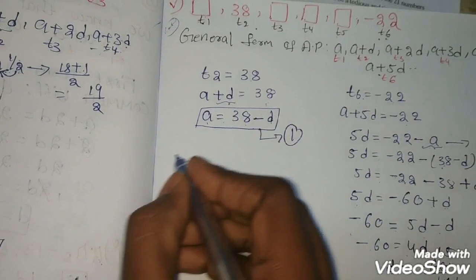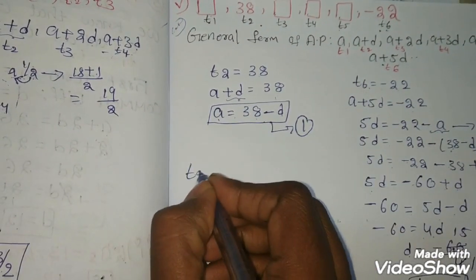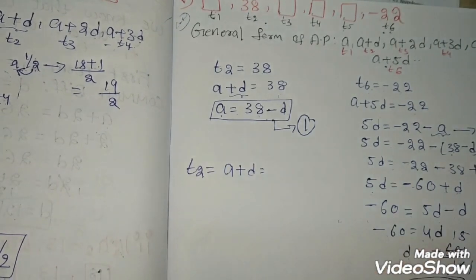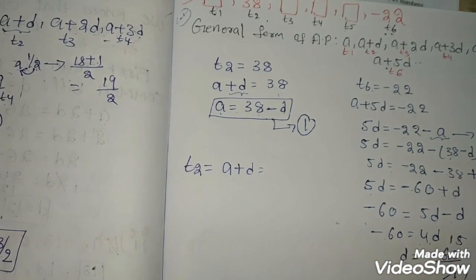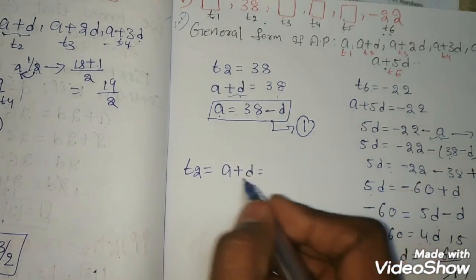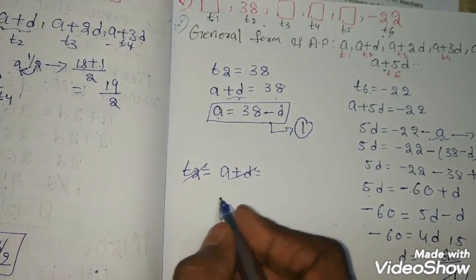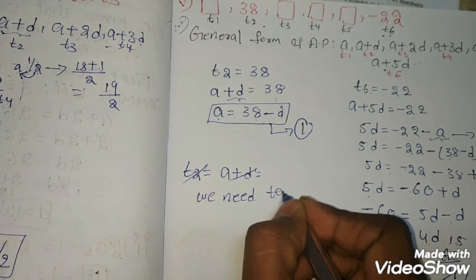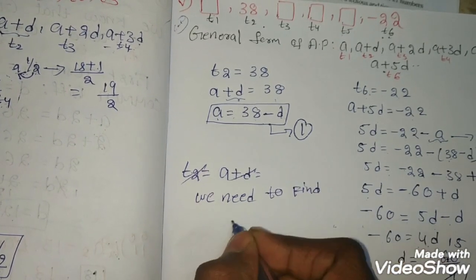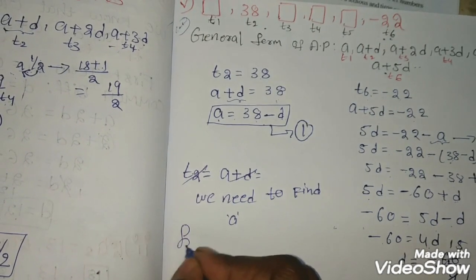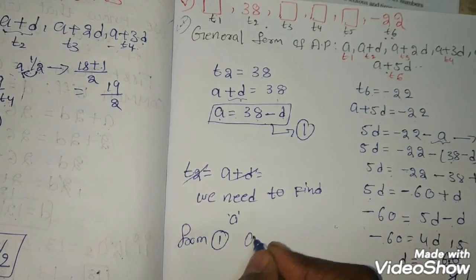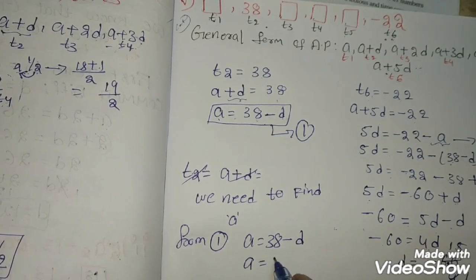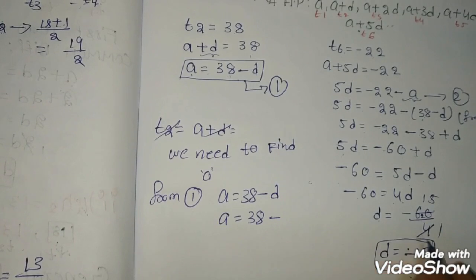Now it's very simple to find term 2. What is the formula of term 2? A plus D. What is A here? We need to find A first, no? So from equation 1, A is equal to 38 minus D. A is equal to 38 minus, what is D here?